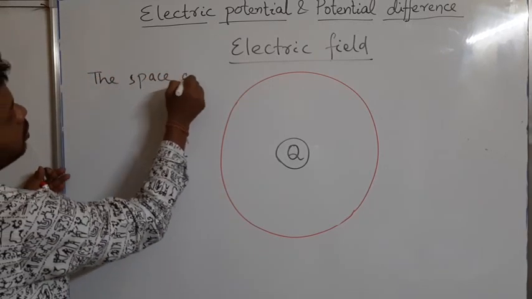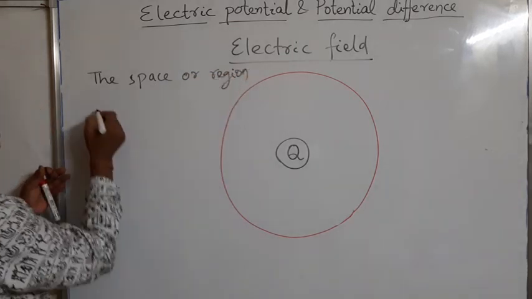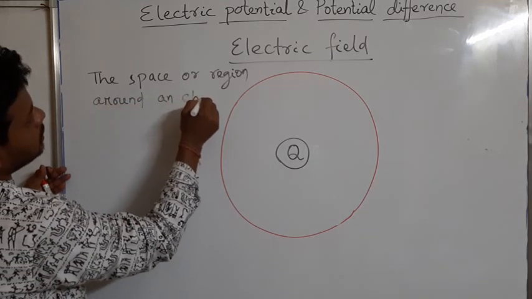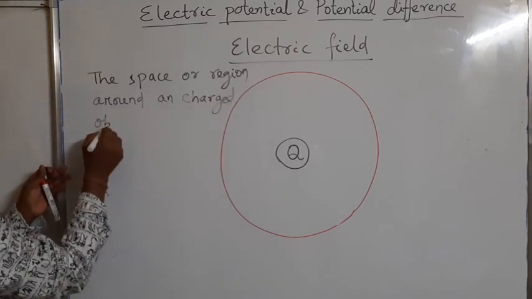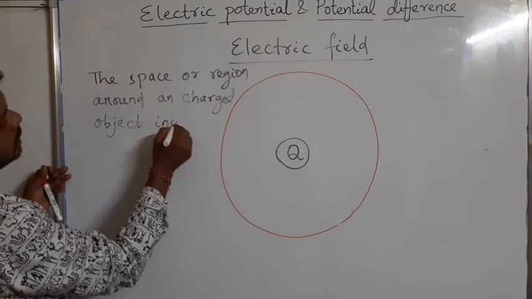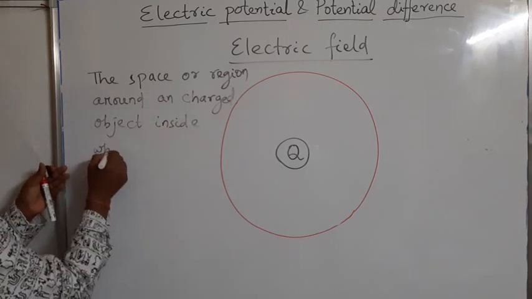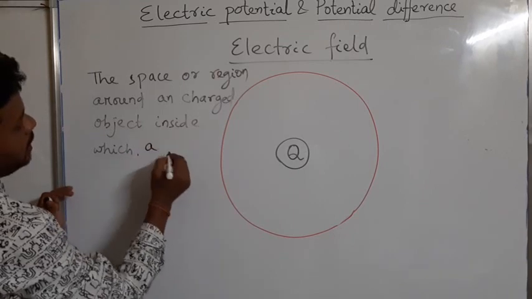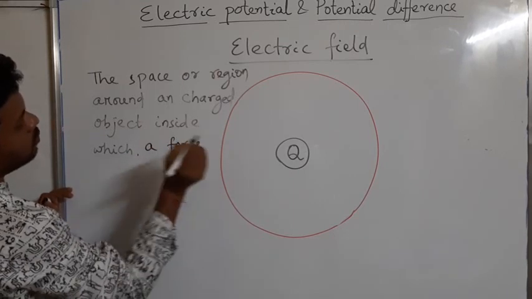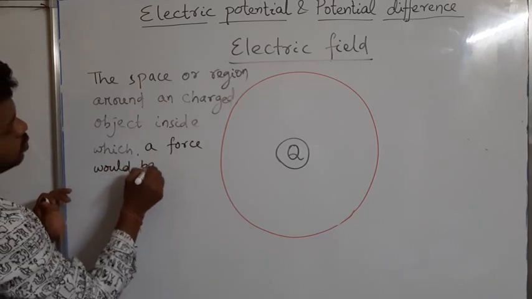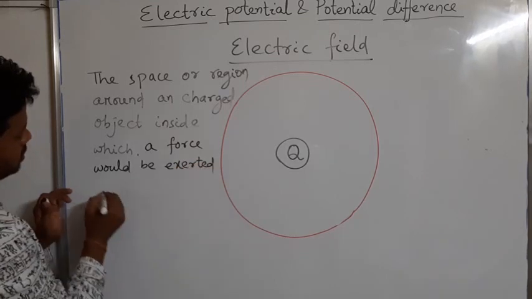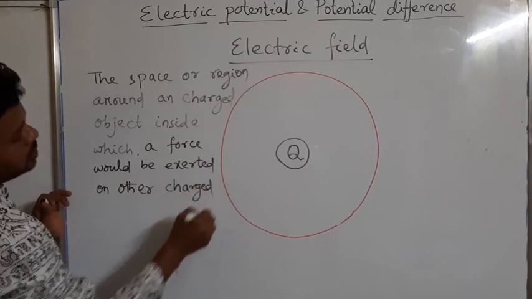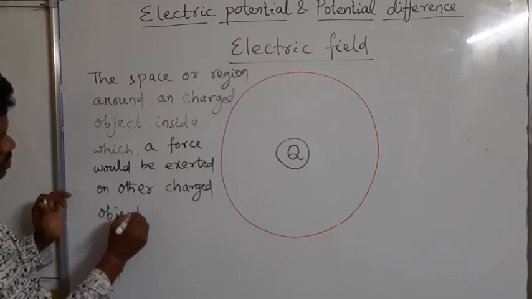Means I can define the electric field like this: it is the space or region around a charged object inside which a force would be exerted on other charged objects.